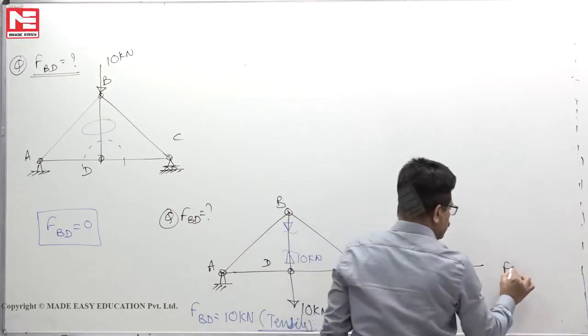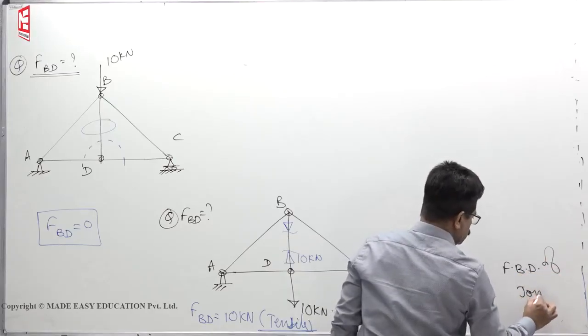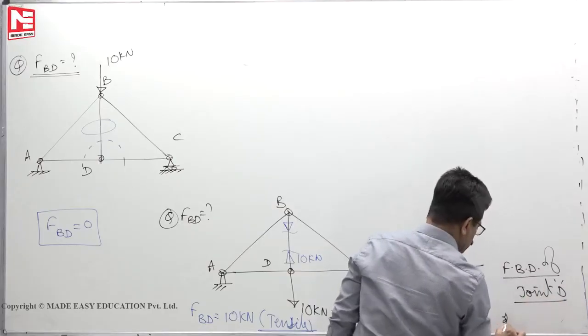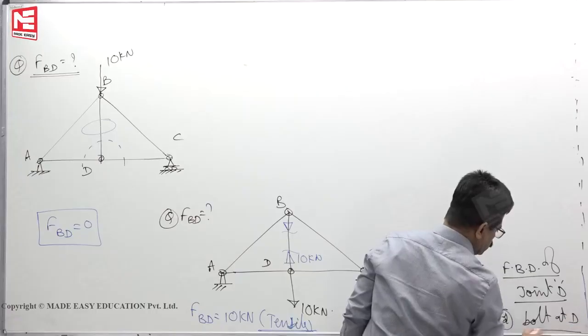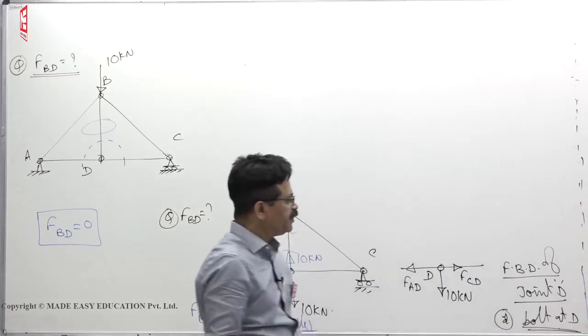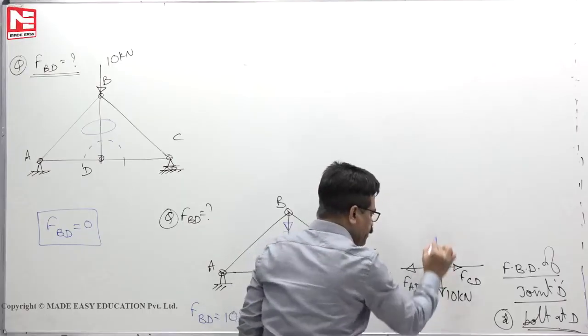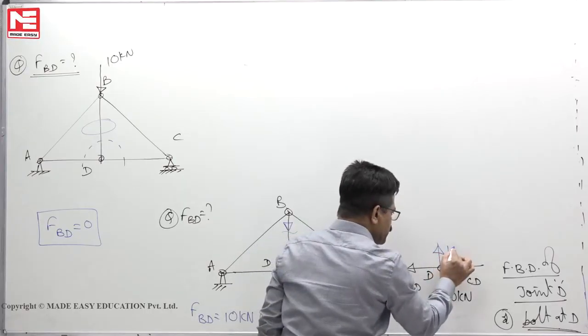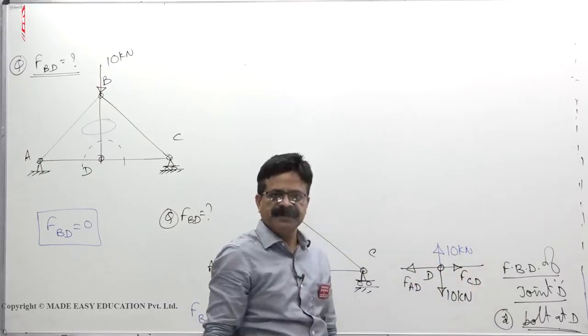This is the free body diagram of joint D or bolt at D. Joint D or bolt at D mean the same. So, to balance this 10 down, the member might have exerted a force of 10. Otherwise, that pin will not be in equilibrium.